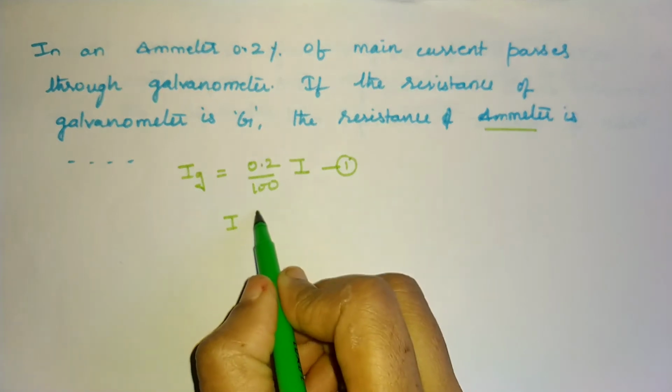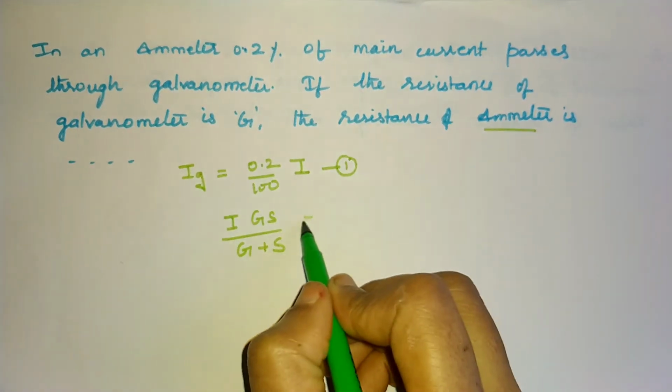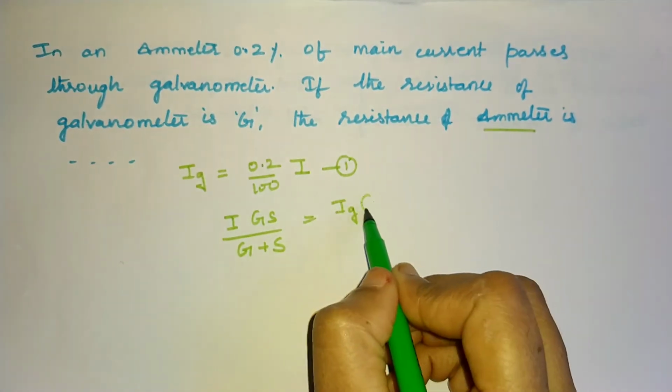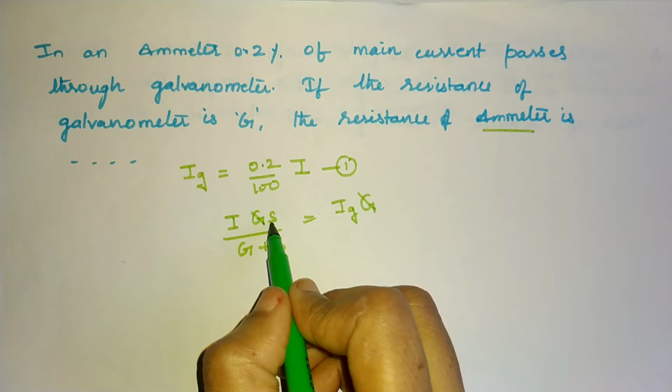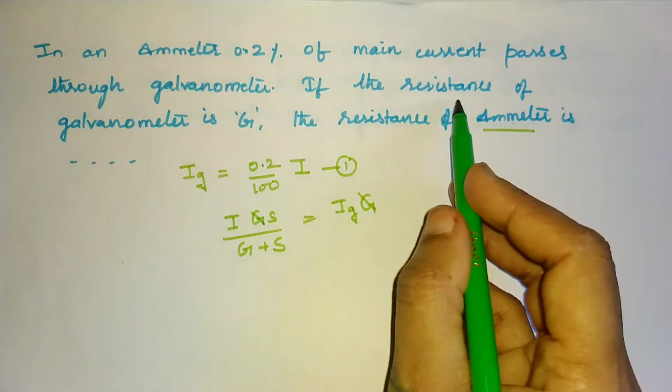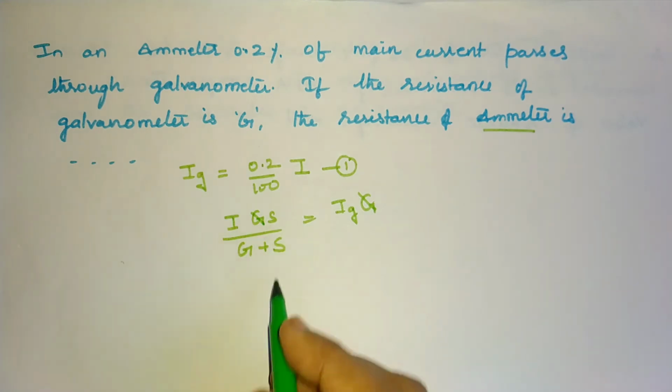I into GS by G plus S should be Ig into G. Cancel off this G. We need to find out the resistance of the shunt S. First, let us find out what is the shunt resistance.